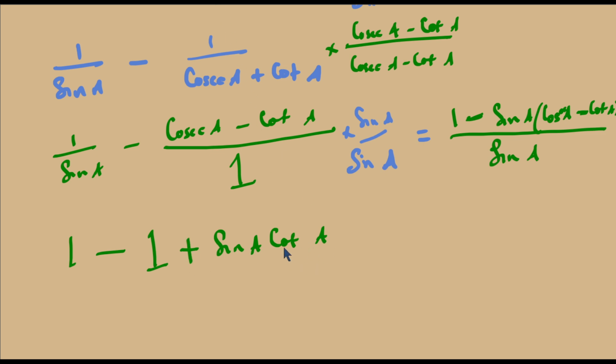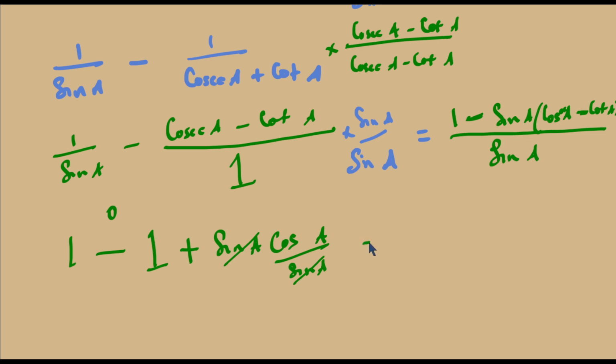But cot A can be written as cos A by sine A, right? Cos A by sine A. And once again, the sine A in both numerator and denominator can be divided by sine A. And what do we get? 1 minus 1 is 0.